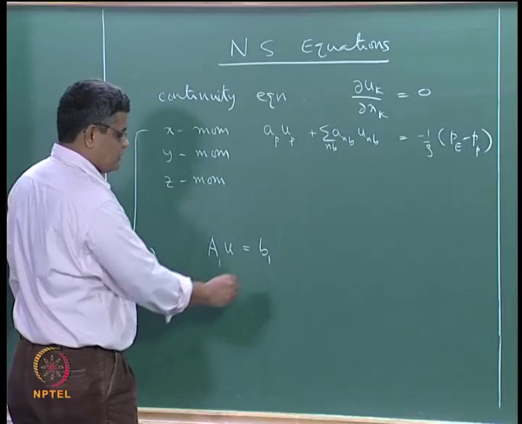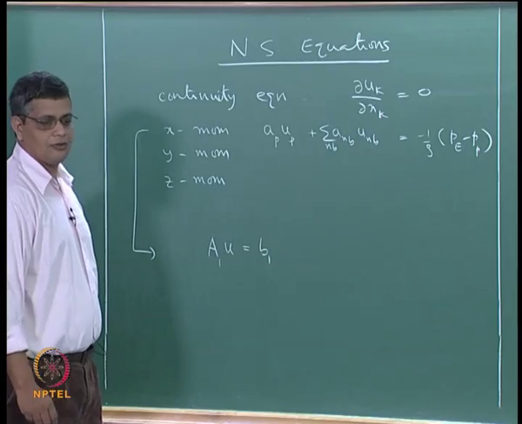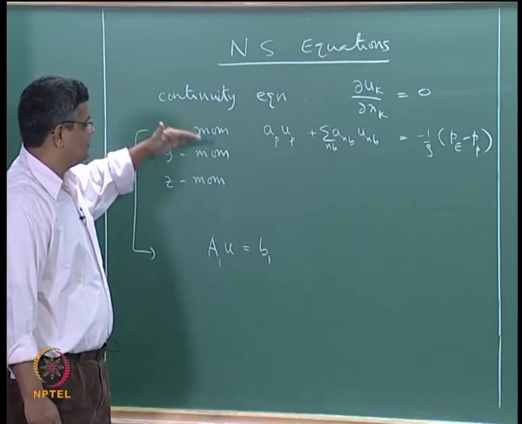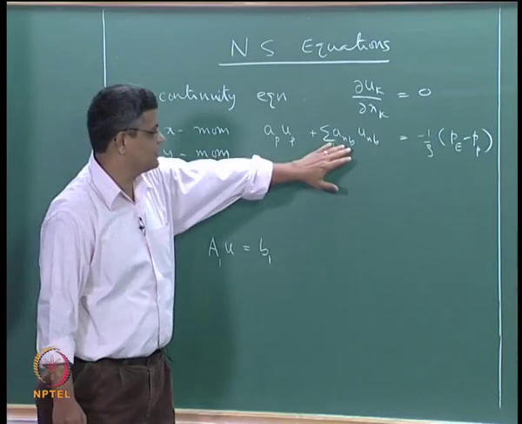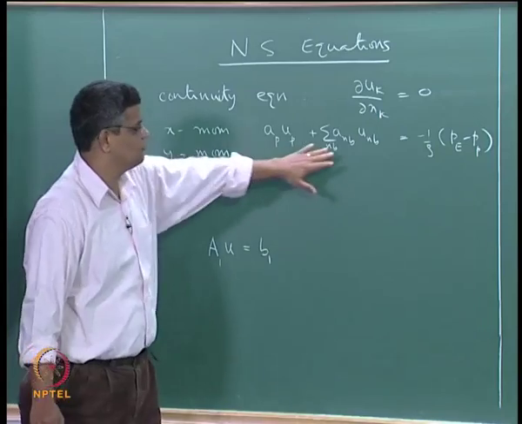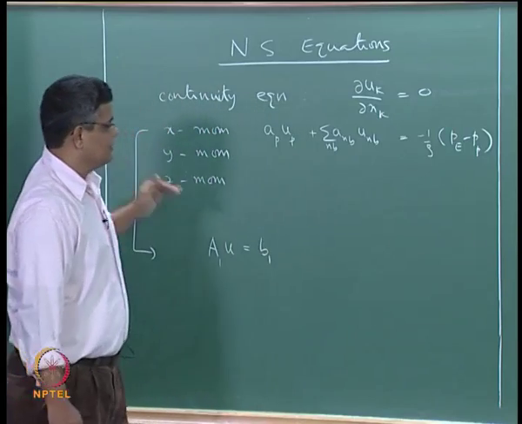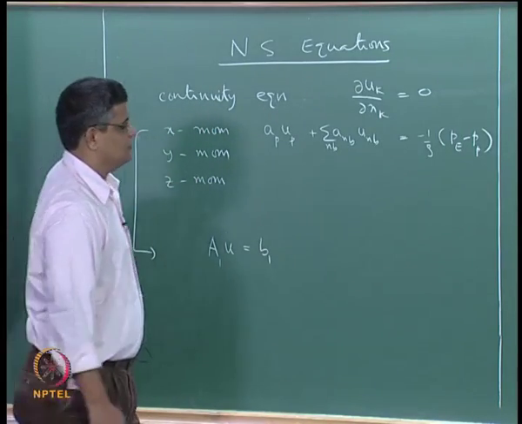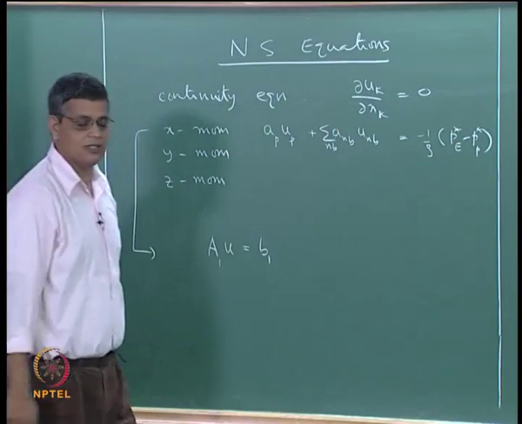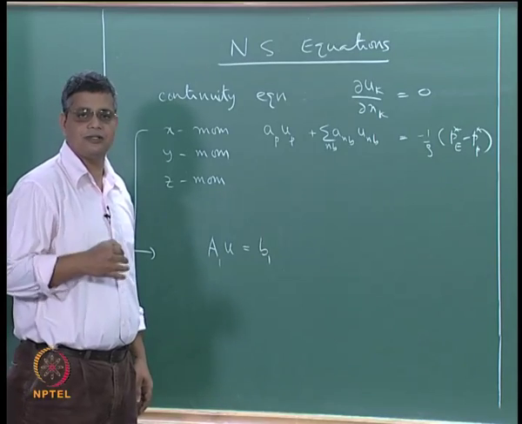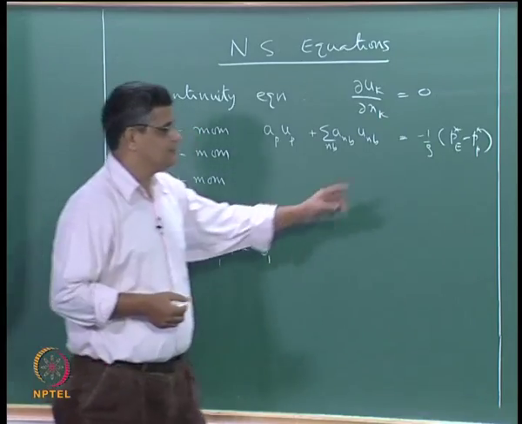Okay, so we have this, and we can solve this provided we know all the coefficients of A1 and all the coefficients of B1. Because we have linkage of the x momentum with the y momentum and z momentum through the velocity components which are entering in these linearized coefficients here, and also because of the pressure which is coming here, we start the solution with a guessed pressure field. When we say guessed pressure field, we are saying that pressure at every point wherever pressure is to be evaluated is specified.